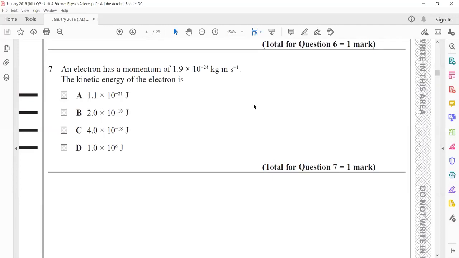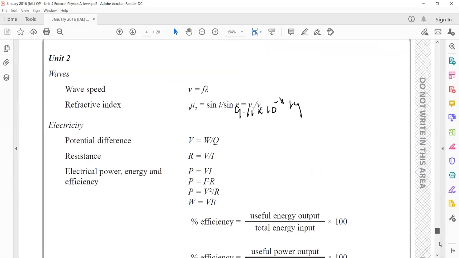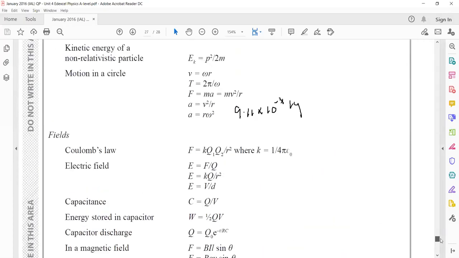Sir, what is the mass of the electron? Mass of electron is 9.11 into 10 to the power minus 31 kilogram. In the exam, you can see it in the last part, the constants.